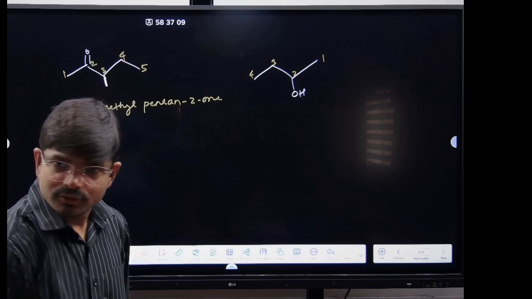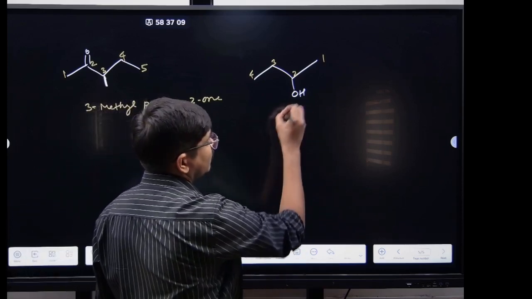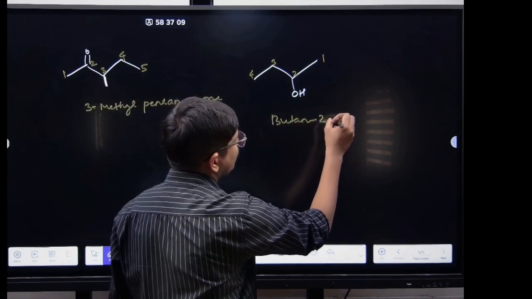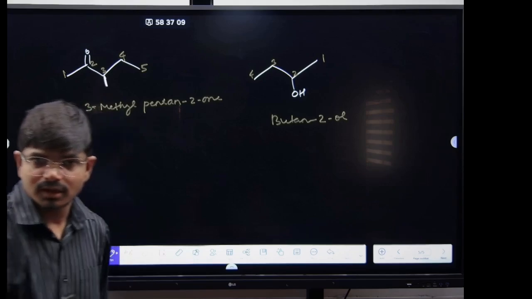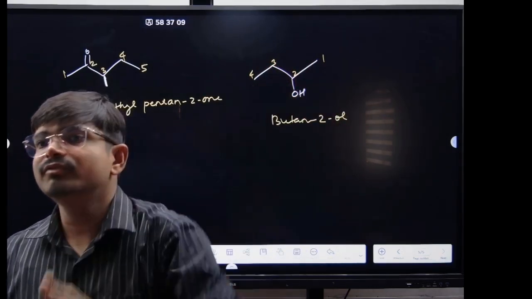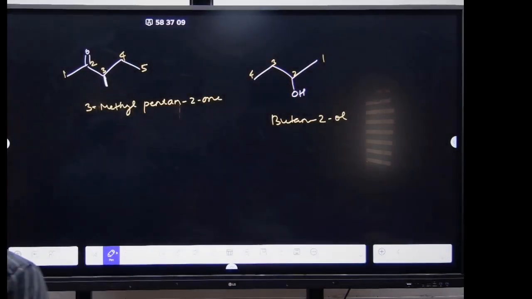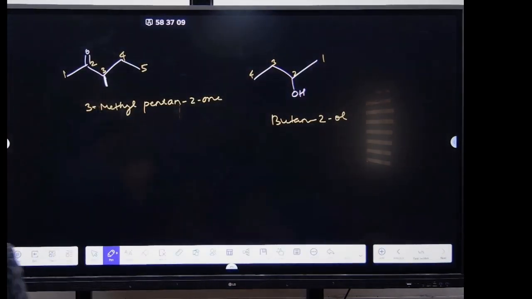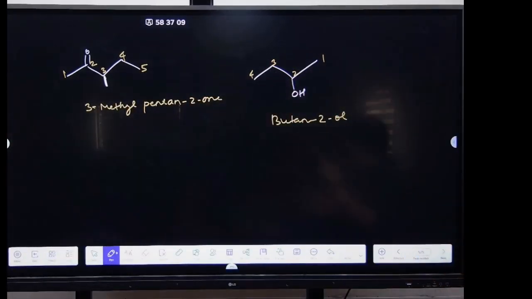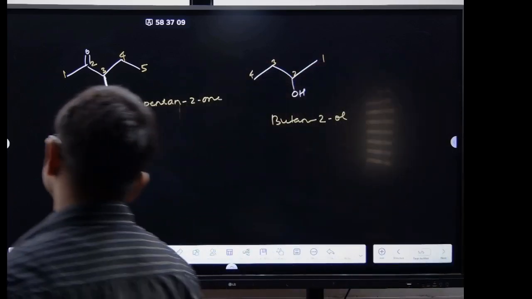So this will be butan-2-ol. Understood? You don't have any prefix here. If there is no prefix, there is no need to write the prefix. Here you will have only the suffix, which means the functional group name. So you will have butan-2-ol. Any problem?